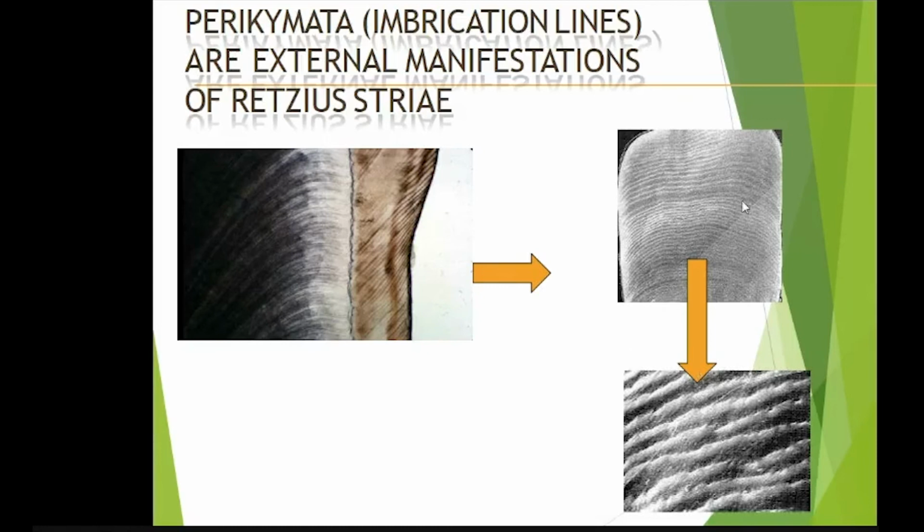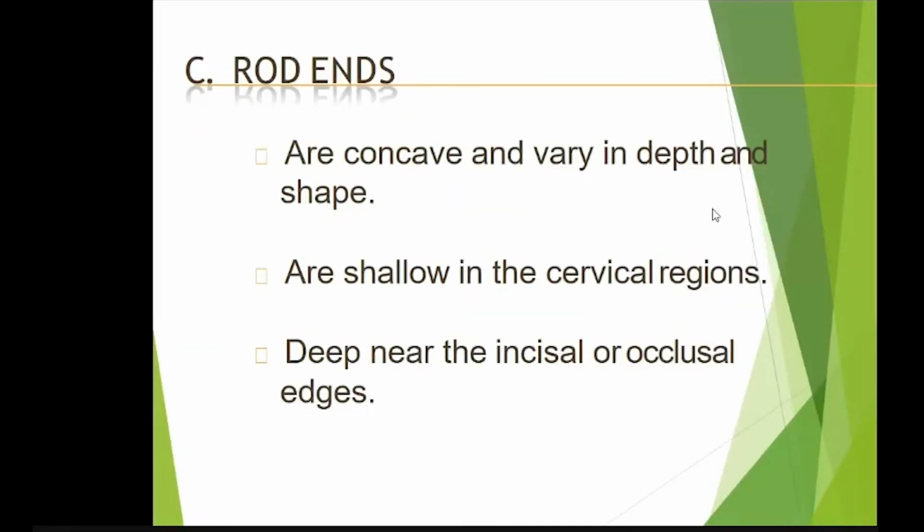Imbrication lines نقدر we call them imbrication lines. نجيب الميكروسكوب ونخليه على سطح الانامل. نفحص سطح الانامل. شنو هذه الامبريكيشن؟ لازم نشوف خطوط عندنا. External manifestation of striae of Retzius, rod ends.